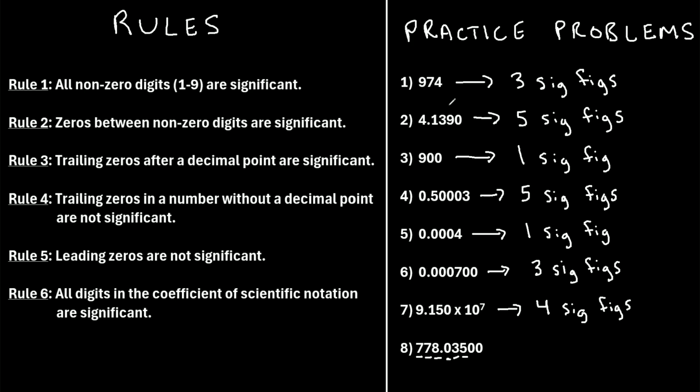So let's go ahead and underline it. And then what about these last two trailing zeros? Well, rule number 3 says trailing zeros after a decimal point are significant. So since these two zeros are after the decimal point, they're also significant. So every digit in this number is significant. So we have 1, 2, 3, 4, 5, 6, 7, 8 significant figures. So those were just a few quick examples of how to count the significant figures in a given number.